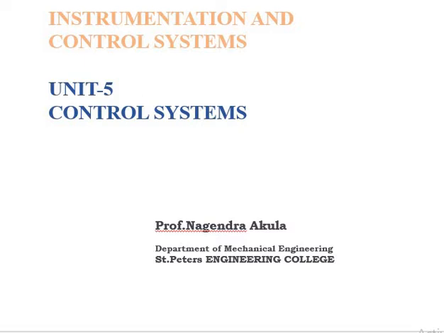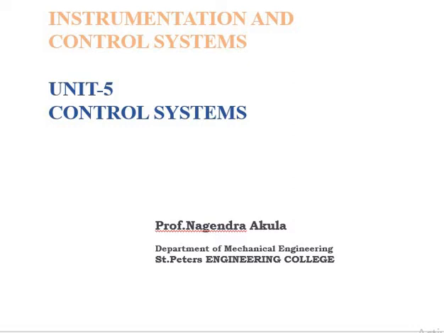In this unit we cover open loop control systems, closed loop control systems, the differences between control systems, operations of servo mechanisms, and examples of control systems: speed control systems, position control systems, temperature control systems, open and closed positioning systems, transfer functions, and block diagrams, and different types of control systems like closed loop and open loop. So this is the content of our Unit 5 control systems.